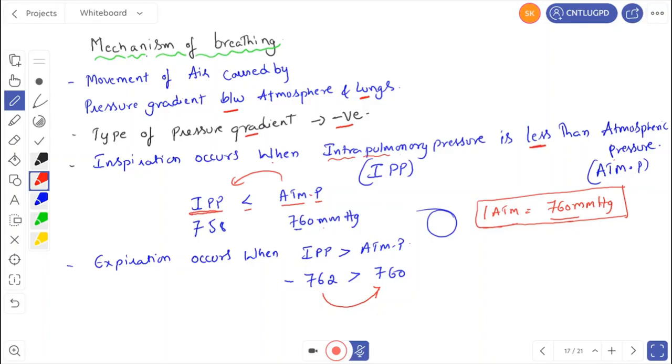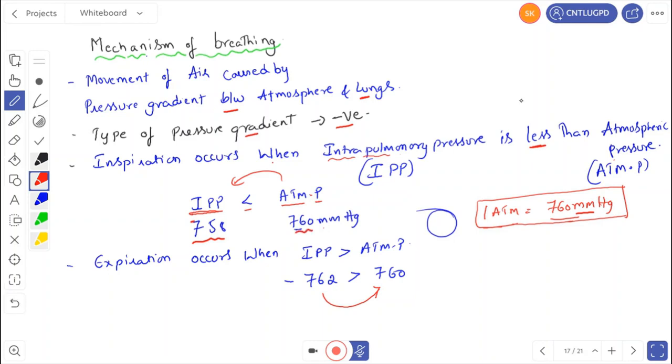Atmospheric pressure means the pressure of all the gases, equal to 760 mmHg. If the intrapulmonary pressure is less than atmospheric pressure, then inspiration occurs. Let us imagine the intrapulmonary pressure is 758 mmHg and atmospheric pressure is 760 mmHg.